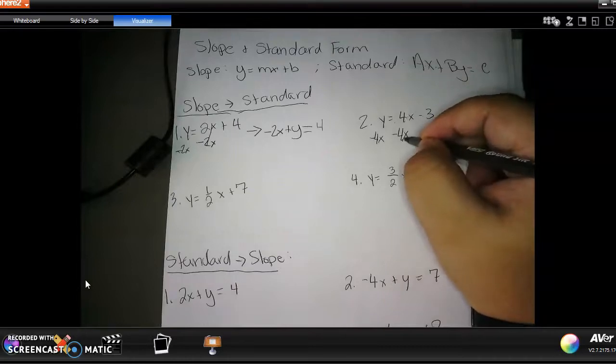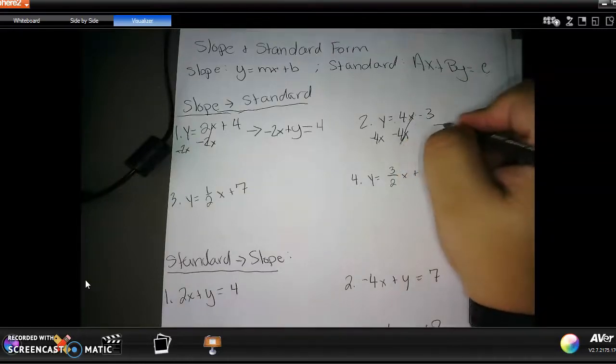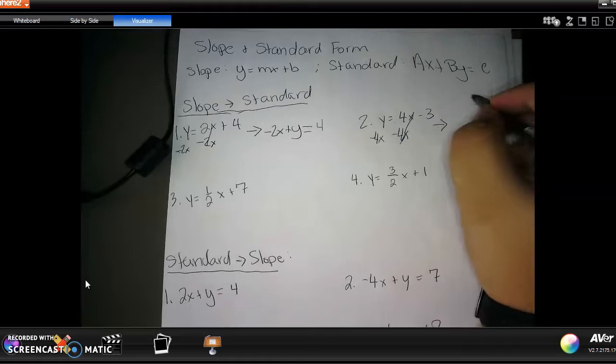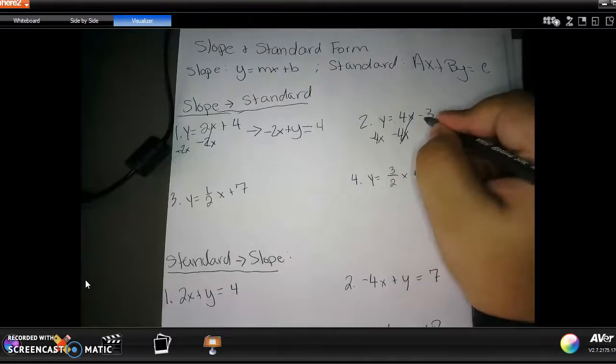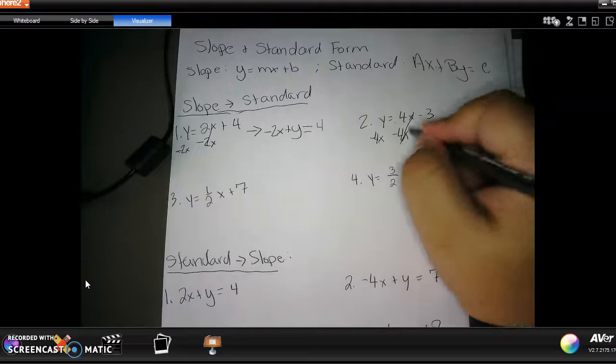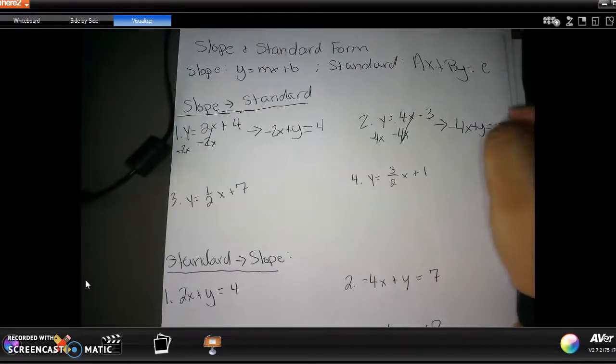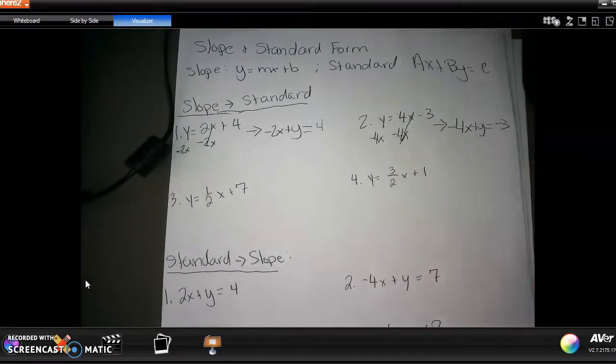Well, 4x minus 4x is 0, so it's gone. Draw your arrow. Then you have your negative 4x. Well, that comes first. You have your y. That comes second. And left over, you have a negative 3. See that right there? It's a negative 3. So you have negative 3, and that's your answer. Okay?